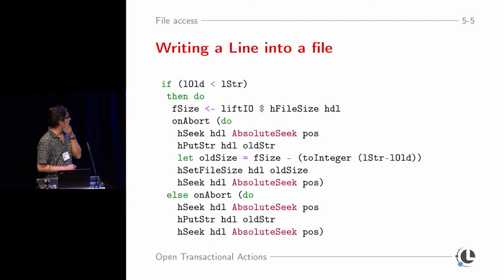If the old string is shorter than the new string, it means that we were close to the end of the file. So in case of abort, we write the old string back, and then we truncate the file to its original size. Otherwise, on abort, we just have to put the handler back in its old position and write the old string back into the file.